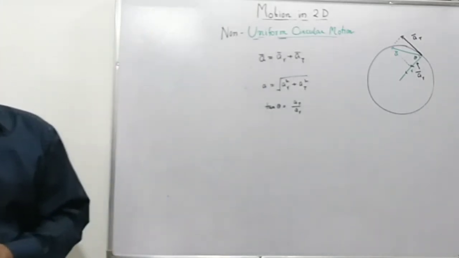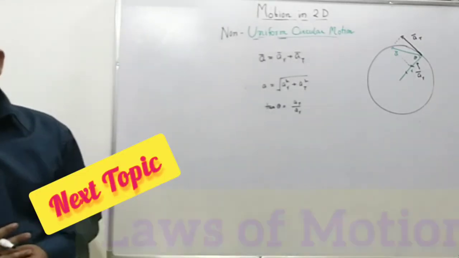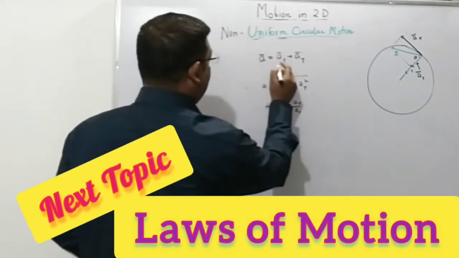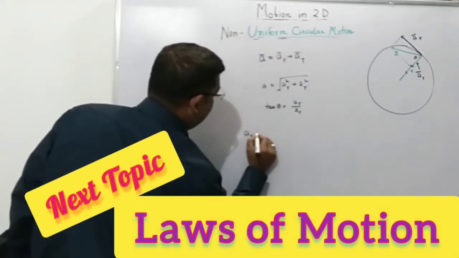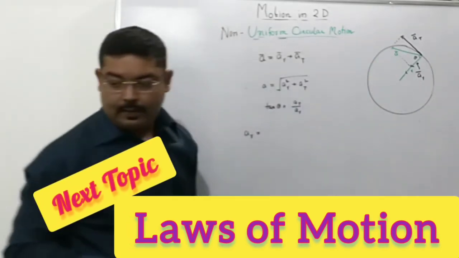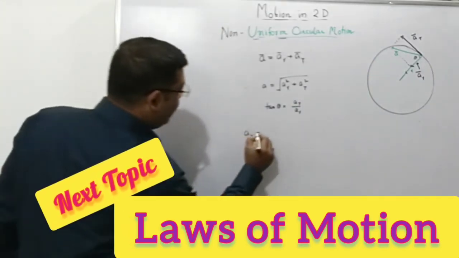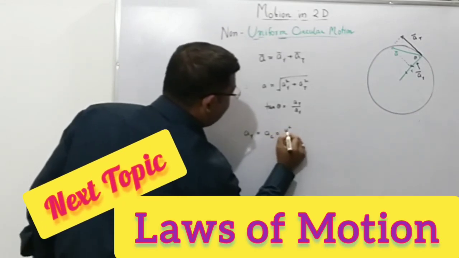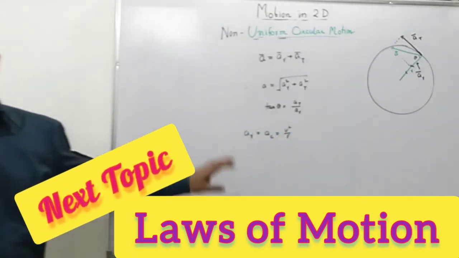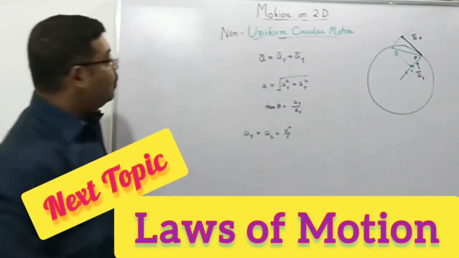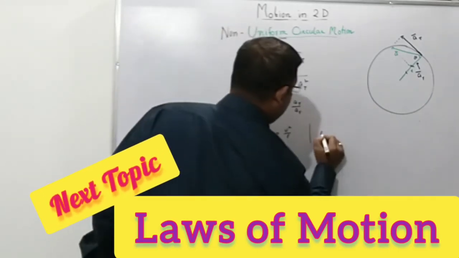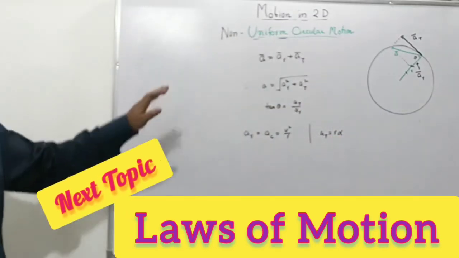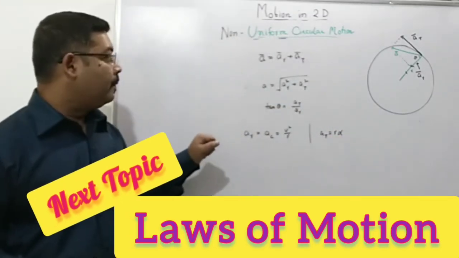Also, we need to remember that AR is the radial component, or the centripetal acceleration. So we can say this is equal to AC, which was given by V square by R. We have just found this. And also the tangential acceleration we had found, AT is equal to R into alpha, which we had derived a little while earlier, right?